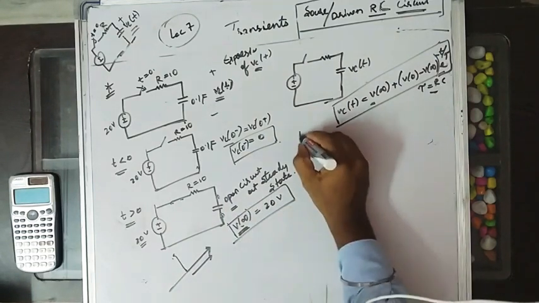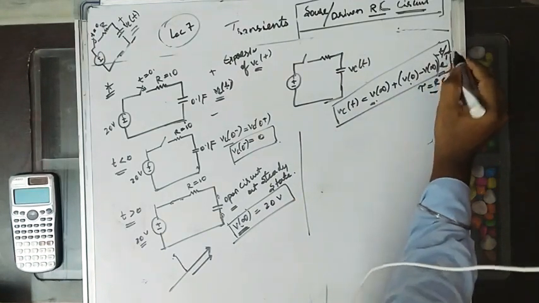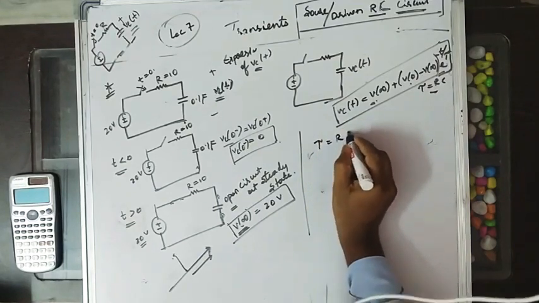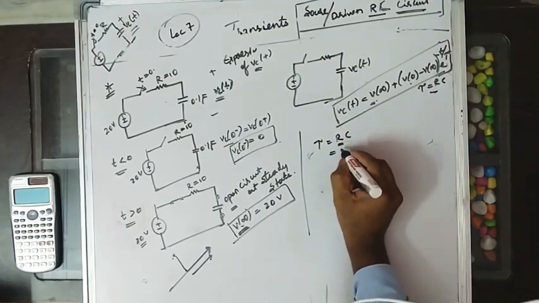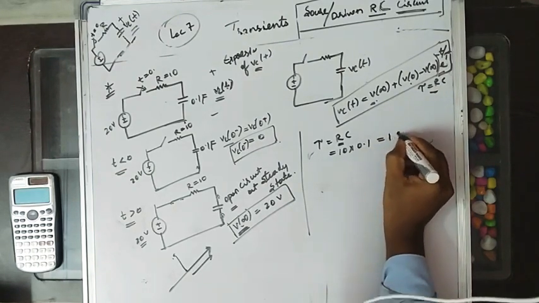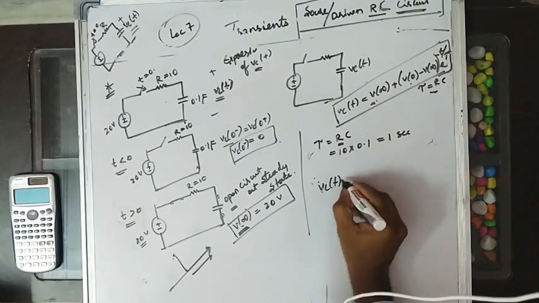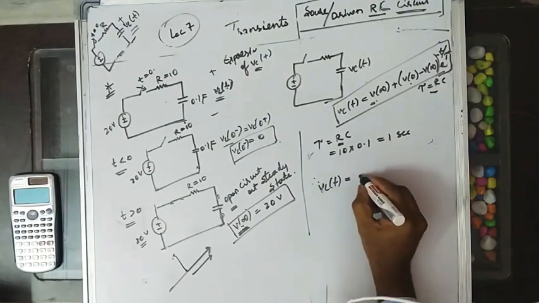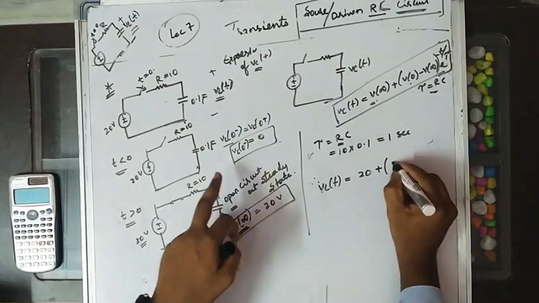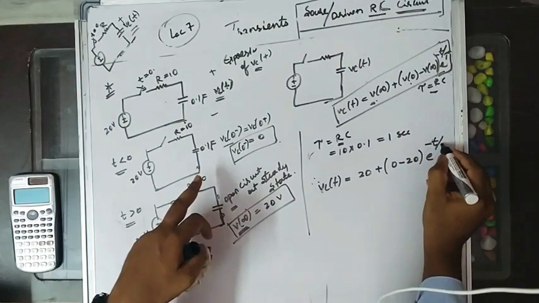So you found V of infinity and V of 0, and you need to find the time constant. Now time constant tau equal to RC. Now R equal to what is given? 10, and C equal to 0.1. That will be 1 second. Therefore, the voltage expression Vc of t can be written as V of infinity, 20, plus 0 minus 20 into e power minus t by 1.